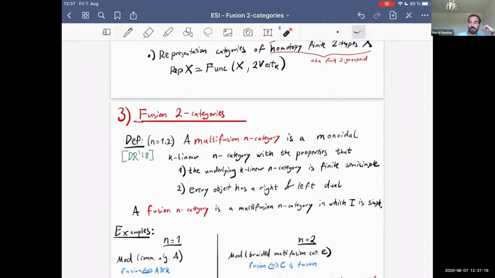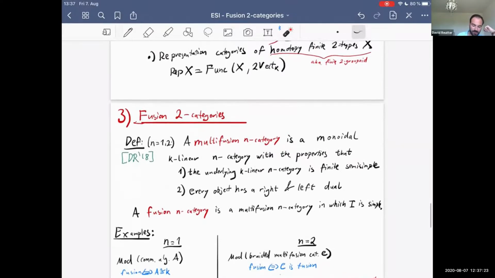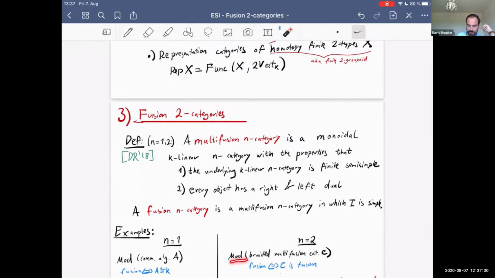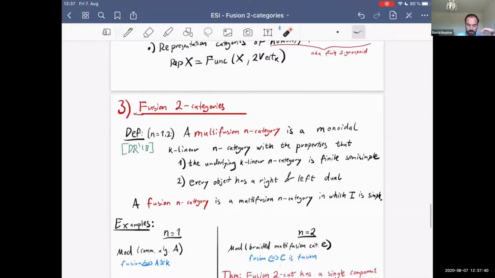That is always a multi-fusion category. And it's fusion if and only if the algebra is one-dimensional. So it's a bit boring. Similarly, I can take the modules of some braided multi-fusion category. And this is fusion if and only if this braided multi-fusion category is actually a fusion category. So modules of a braided fusion category form fusion 2-categories.